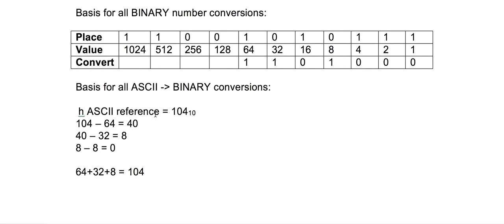So in answer to our question, h in ASCII is 104, and 104 base 10 as a binary equals 1101000 base 2, of course it's base 2 because it's binary.